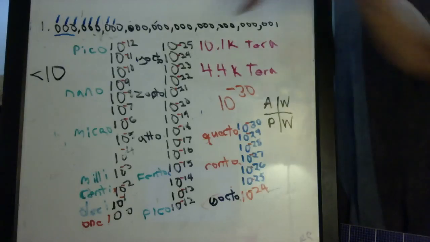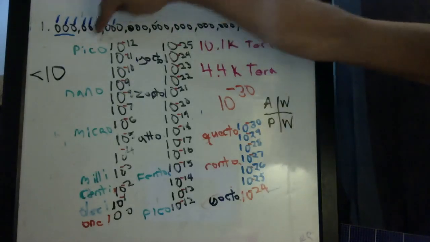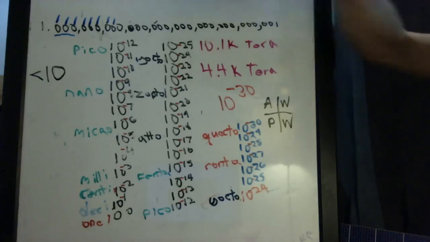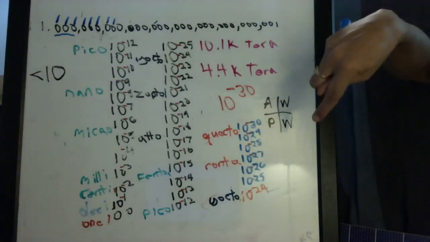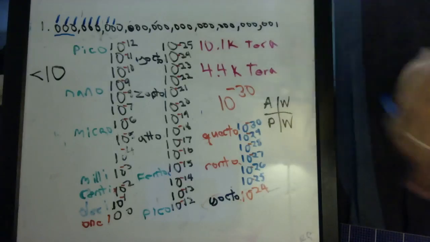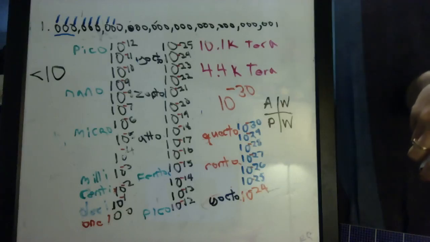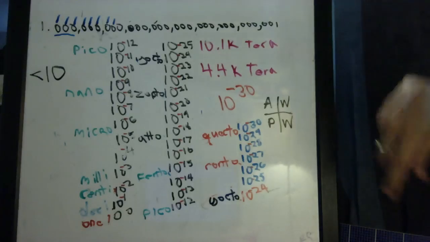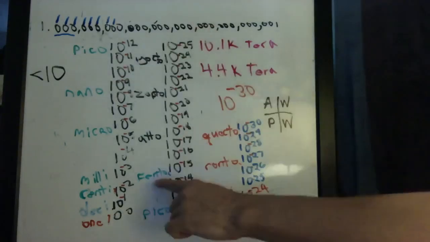And then we get out to 12. 3, 6, 9, 12. We're down to pico. And then femto. And then atto at 18. Right? And you're never going to see these guys.